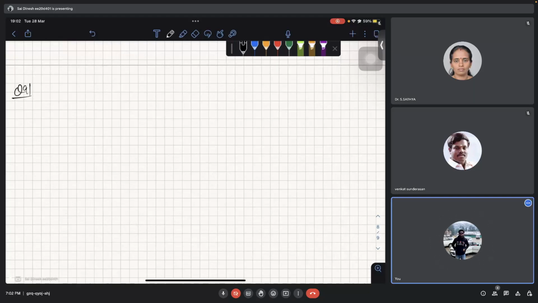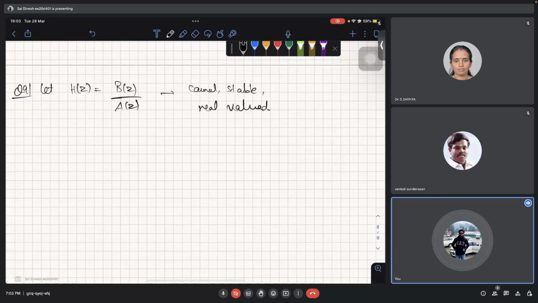Now question 9 would be H of z is equal to B of z by F of z, which is causal, stable, and real valued, right?